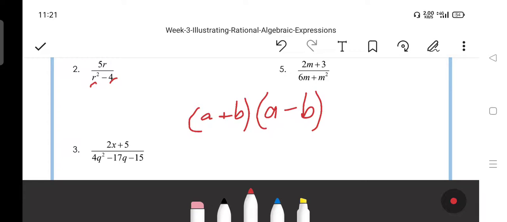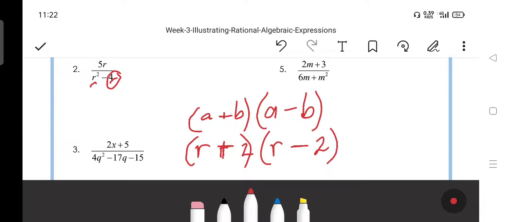So the square root of r squared is simply r. So that means the first terms both are r, and copy the general form. So plus, here we have minus. And the square root of 4 here is simply 2. Okay, that's it. So we have the quantity r plus 2 times the quantity r minus 2.